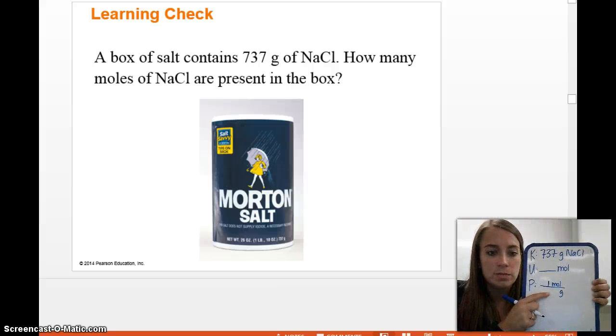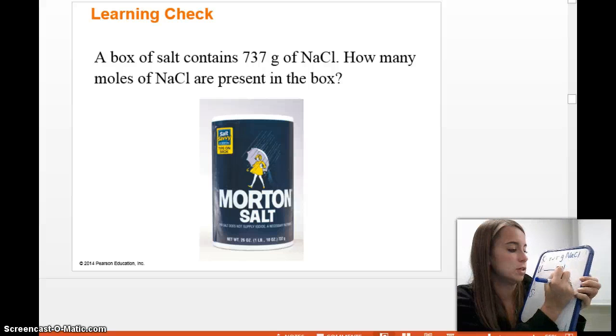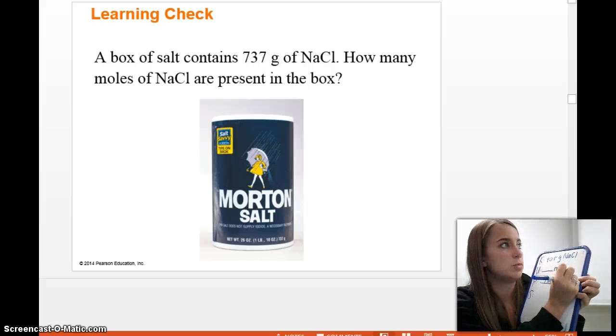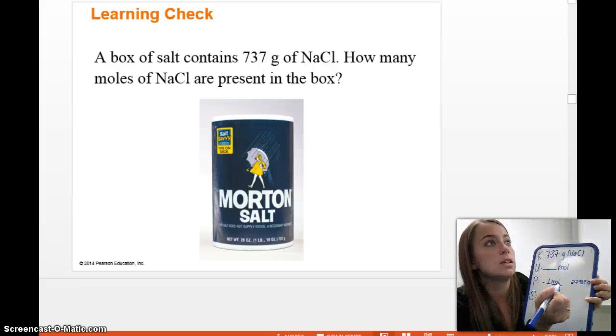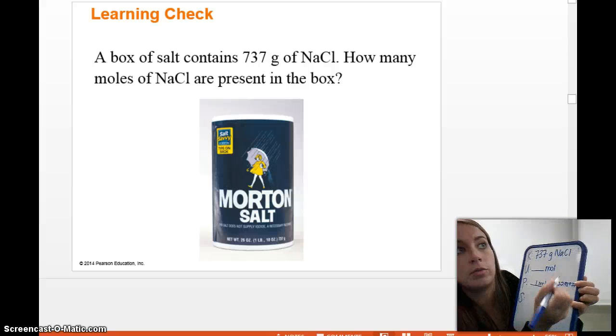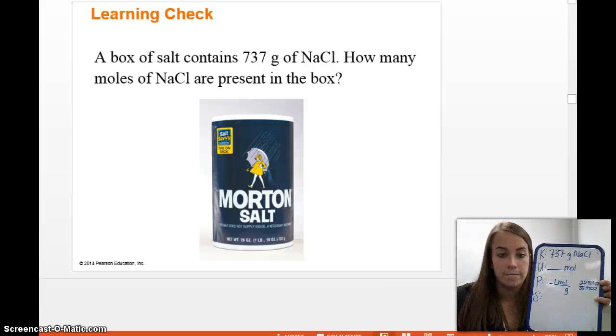Now I need to figure out the molar mass of NaCl. To do that, I need to look at the periodic table. So Na has a mass of, and I'm just going to do this off to the side, 22.98977. There's only one Na, right? And then Cl has a mass of 35.4527. Okay, so that's Na and Cl.